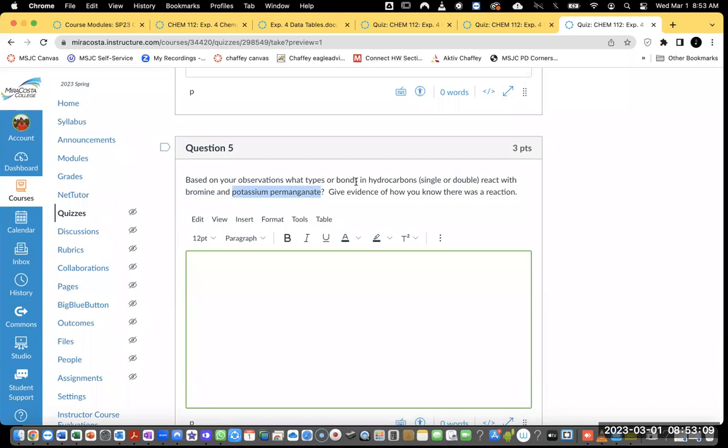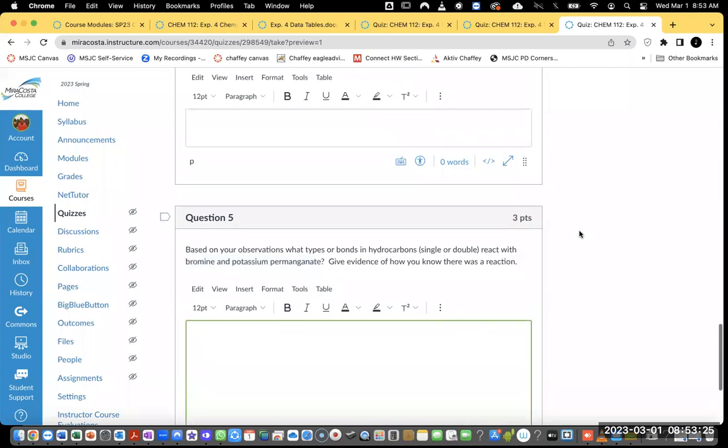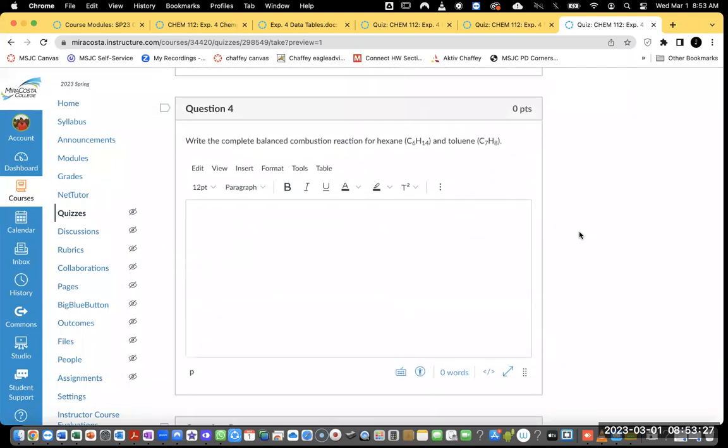You're basically deciding which of those 2 actually participate in a reaction with bromine and potassium permanganate, and give us the evidence: what happened, what makes you think a reaction happened, what makes you think a reaction did not happen. Okay, so that is it for this lab.